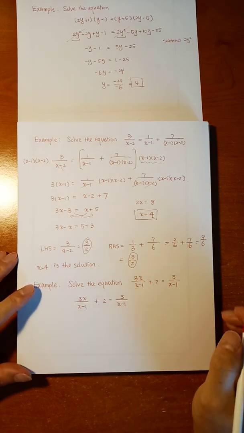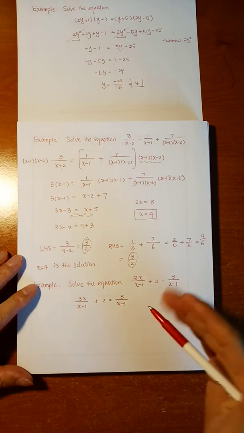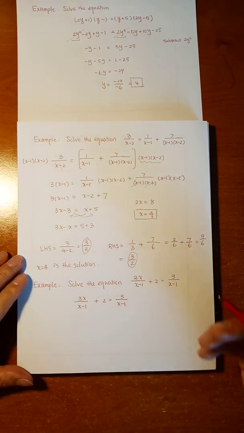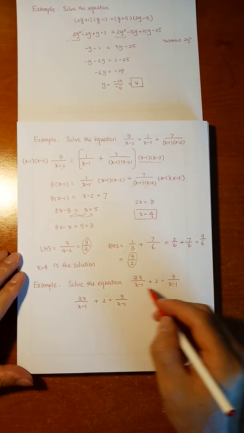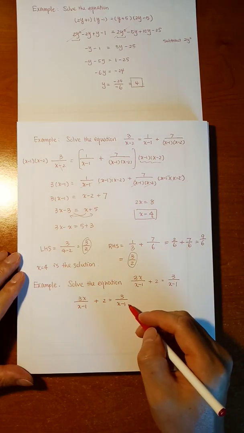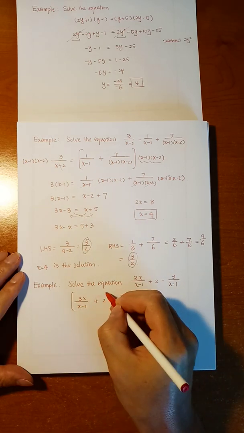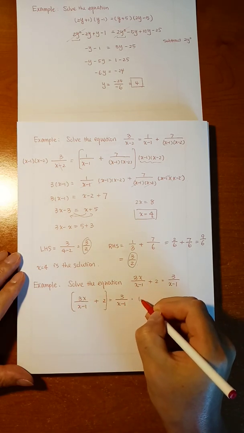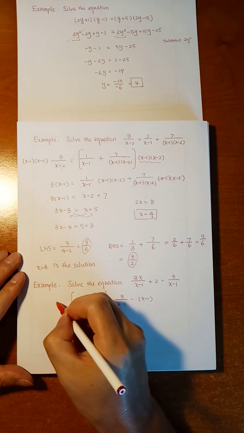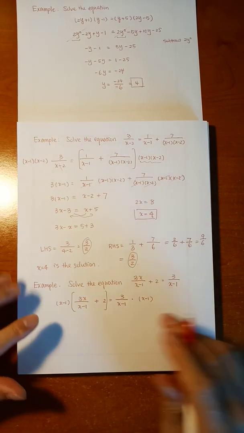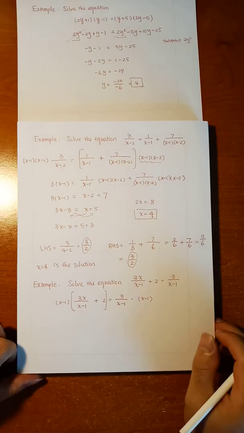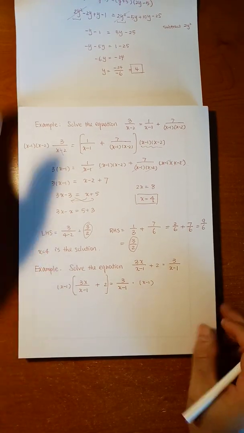So our first step is to multiply this equation by a proper term so that we cancel the denominator. Because both denominators are x minus 1, we are going to multiply the left and the right-hand side by x minus 1 so that we can cancel this x minus 1 from the denominator.